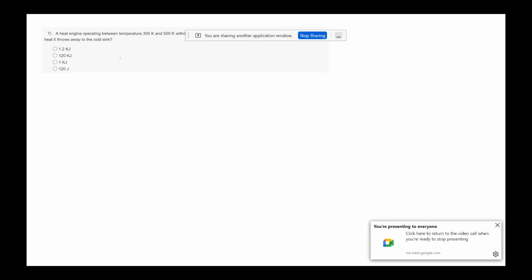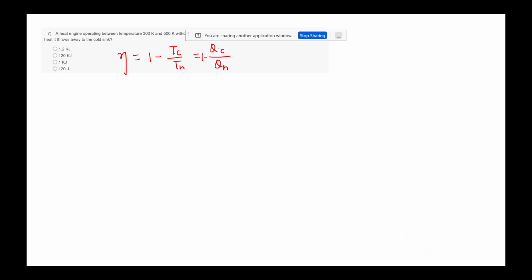Now, we know the efficiency eta is 1 minus T cold by T hot, which is also 1 minus Q cold by Q hot, the ratio of heat thrown away to the cold sink and heat extracted from the hot source. And we can also write Tc by Th is Qc by QH.